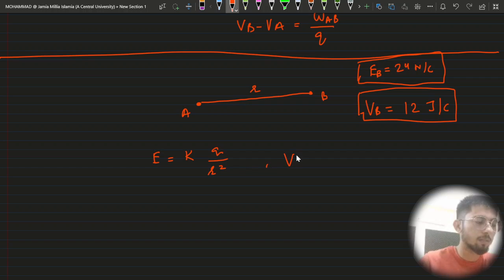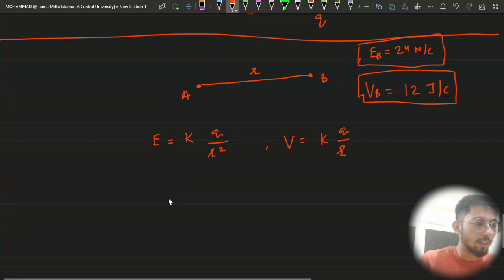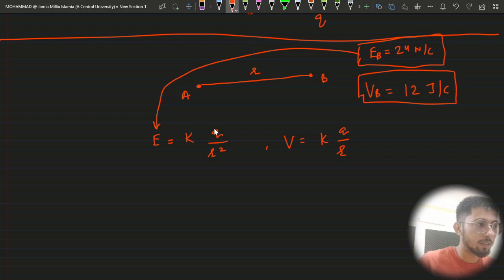And what is V? KQ by R. Now the catch here is that we don't know Q and we don't know R, so we cannot use the individual formulas to find R. That way it cannot be solved.